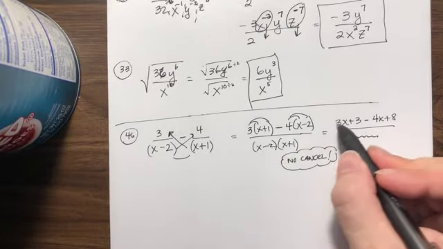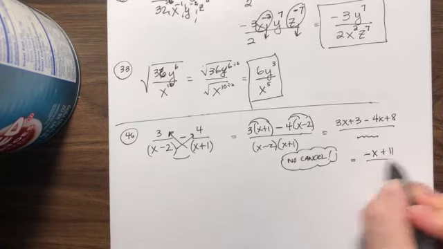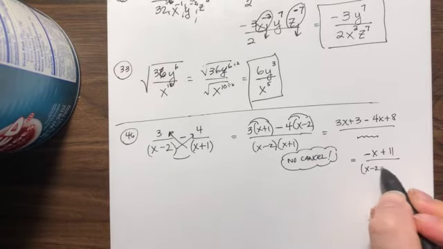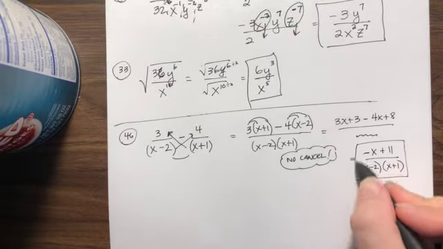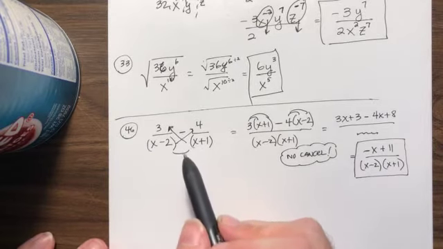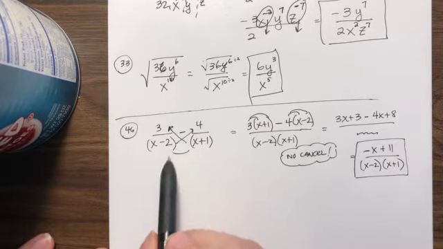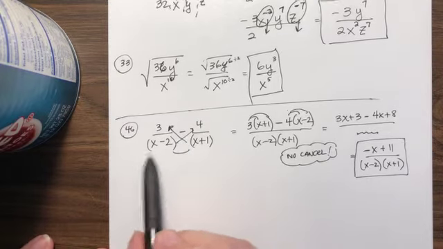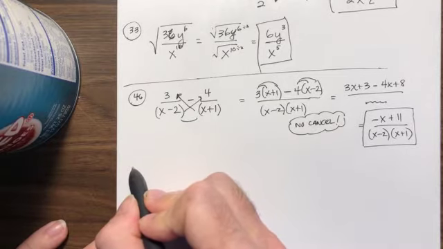And then I'm going to combine 3x minus 4x is negative x, and then 3 plus 8 is 11. And now I'm going to put that denominator in there. And nothing cancels. So that's how you'll deal with two fractions being added or subtracted where the denominators are not the same, but they're linear factors like this. All right?